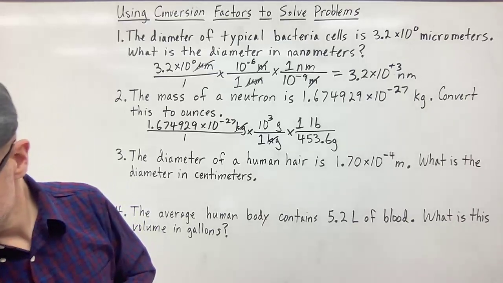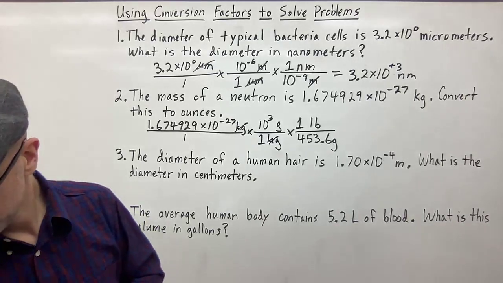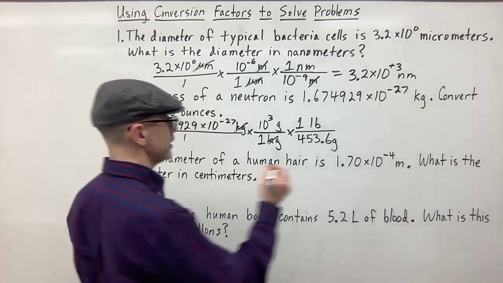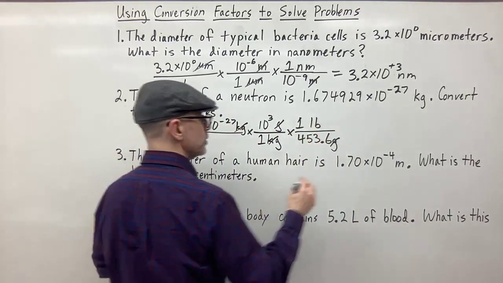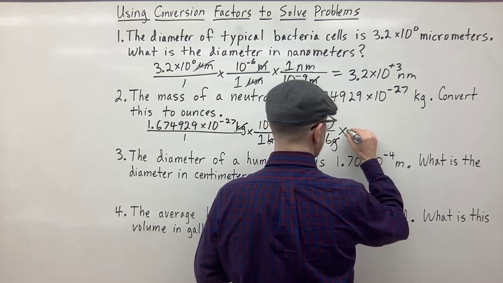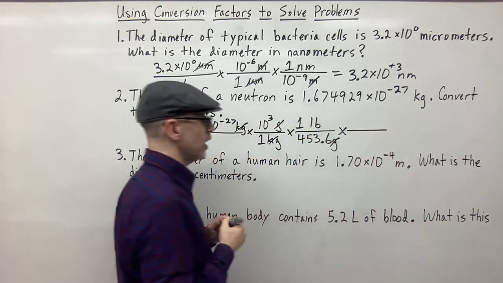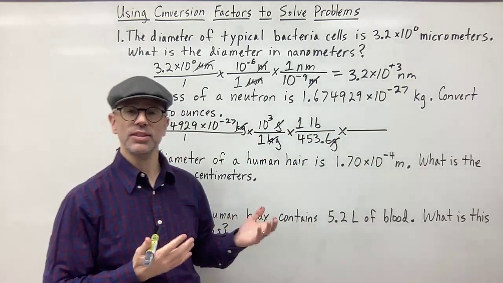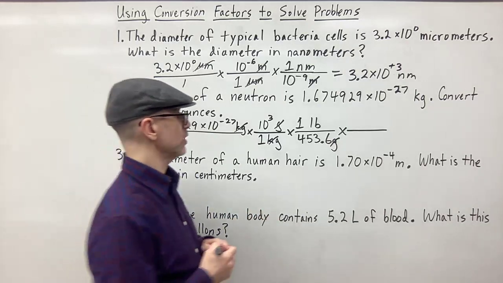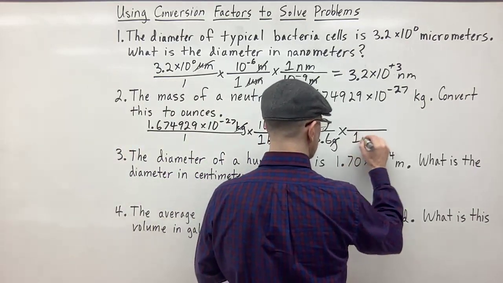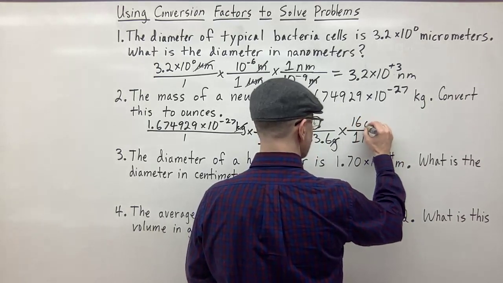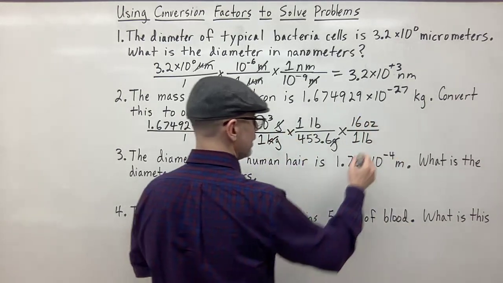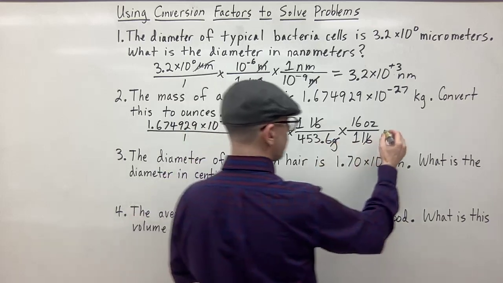Let me just double check. Yep, 453.6. So grams cancels out. Now we have pounds. And now we can convert that to ounces, because 16 ounces is exactly equal to 1 pound. So we're going to put 1 pound on the bottom, 16 ounces on top. Pounds cancel out. Now we have ounces.